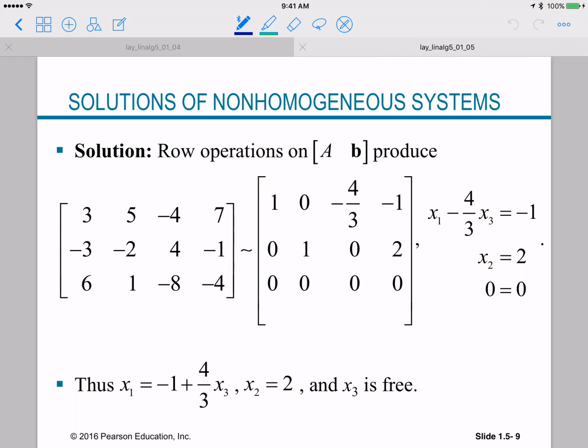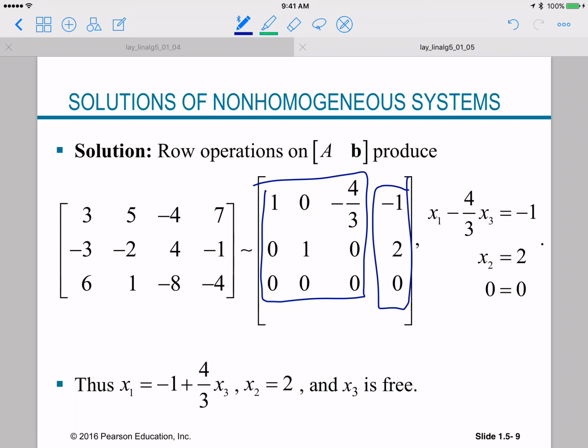Okay, then if we think about the process of changing it to reduced echelon form, this is the result of the reduced echelon form, and this is the resulting b vector.